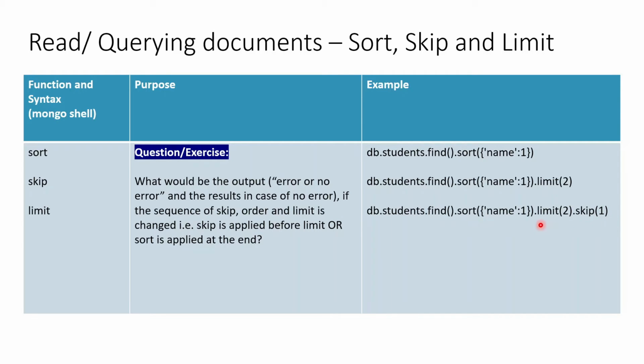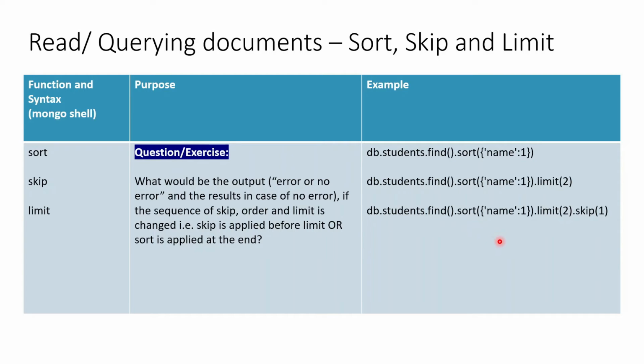Limit will be 50 in this case, and skip will start from 50,000. So you can assume that skip is kind of offset, where we want to start the record set from in the results which are being returned by this query.